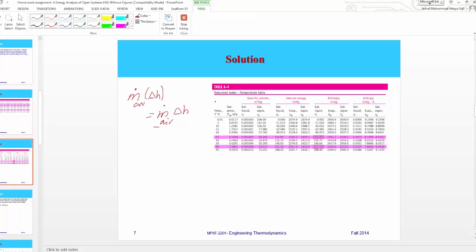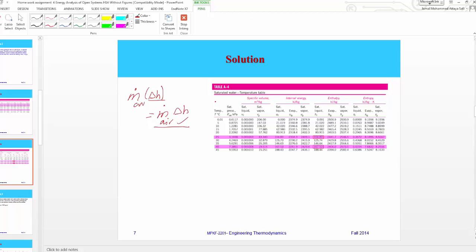Now, for the air, I have the two temperatures before and after, and for the water, I also have temperature before and after. But be careful: when you deal with air, you read it directly. When you deal with water, you need to be careful.